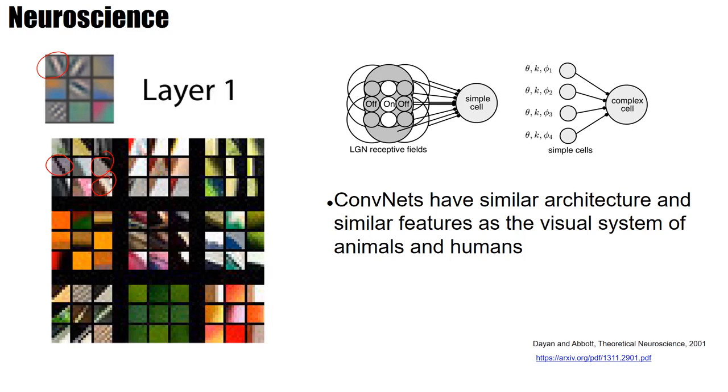In neuroscience, in the first layer in the brain, there are two types of cells. When I say layer in the brain, I mean an area of visual cortex, called the visual area number 1. And then in this area, you have so-called simple cells that respond best, for example, to a white bar surrounded by black bars. So it's an edge detector.